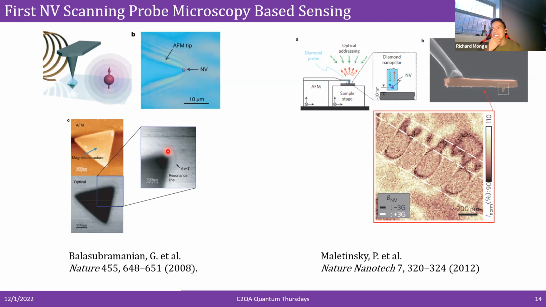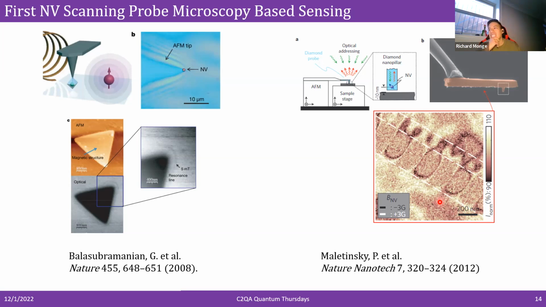In this paper, they performed magnetic field imaging scanning containing single NV centers, and they were able to achieve that through implantation and, I'm pretty sure, many iterations of these cantilevers hosting nanopillars, with a single nitrogen vacancy center at the apex. They were able to image these magnetic fields with really high resolution of the magnetic domains in a hard drive. As you can see, the resolution is nanometer resolution.